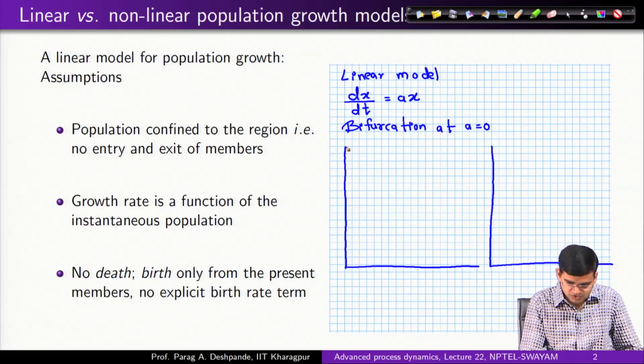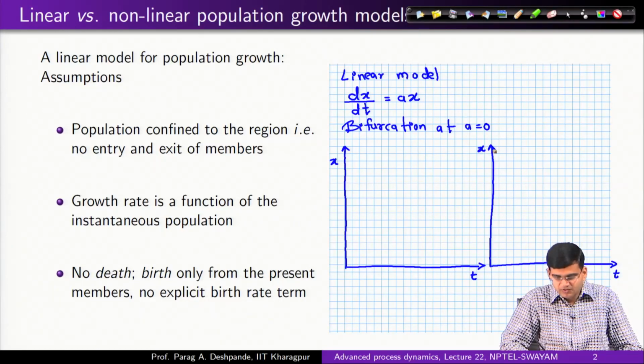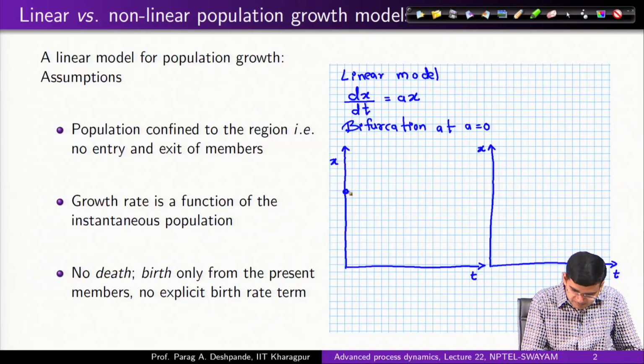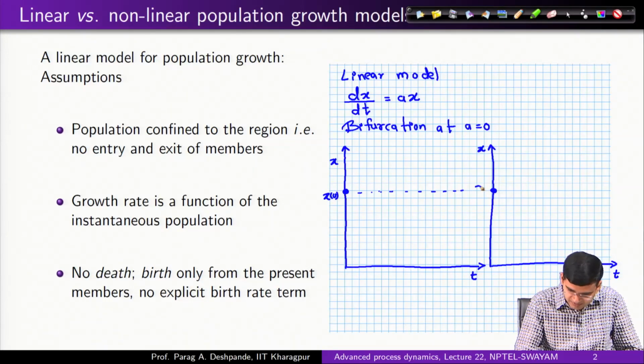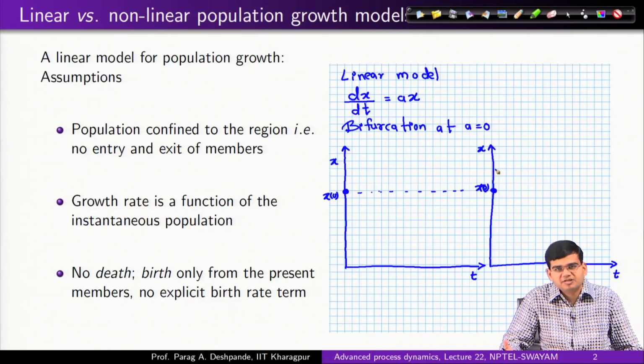Here would be t, here would be x, here would be t, here would be x. And now, if I have the same initial population x 0, there has to be some initial population for the species to grow, some number of members of the species have to be present.